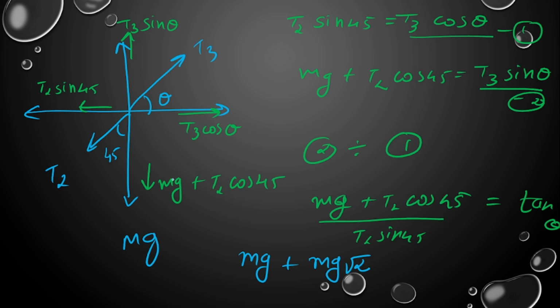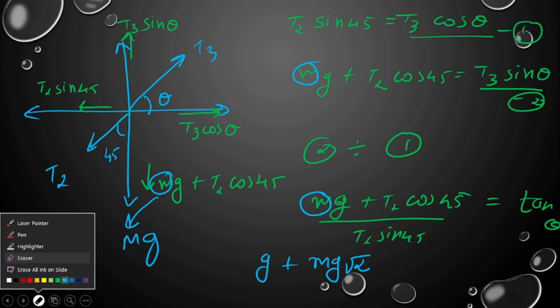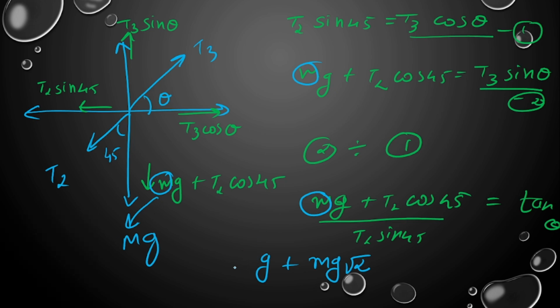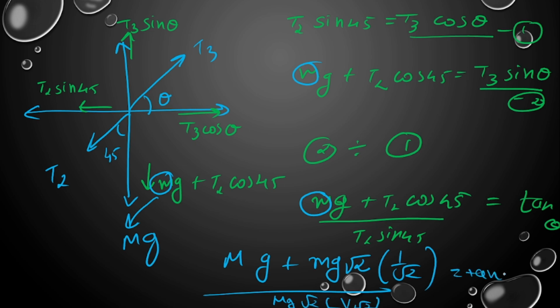This is capital M, this is capital M, so this M will be capital. Let me correct this first of all. Mg plus small mg upon root 2, over small mg upon root 2, equals tan theta.